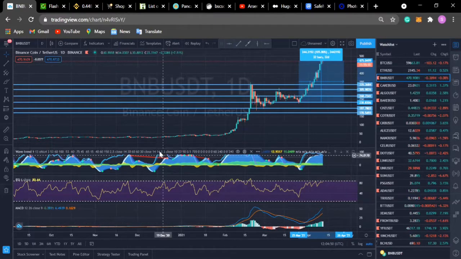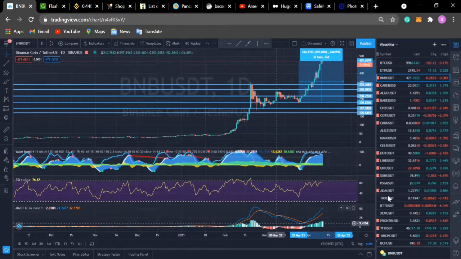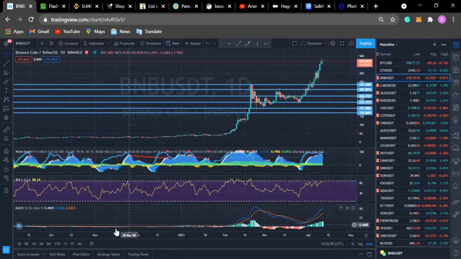Now, move to the MACD. The MACD is another very interesting indicator. If you watch on the MACD, you see the wave, the blue and the red wave.